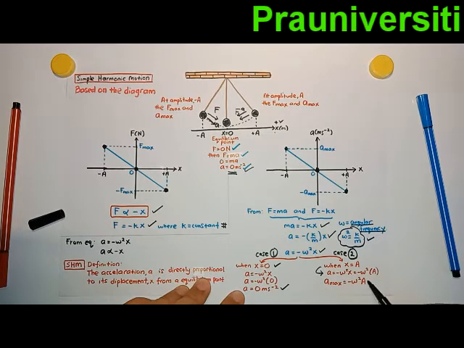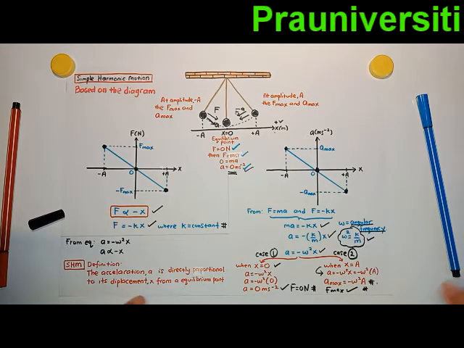So we have here a maximum is equal to negative omega squared times the amplitude. That means at the amplitude a is a maximum, same with the F also maximum. At the equilibrium point, a is equal to 0, F also is equal to 0.